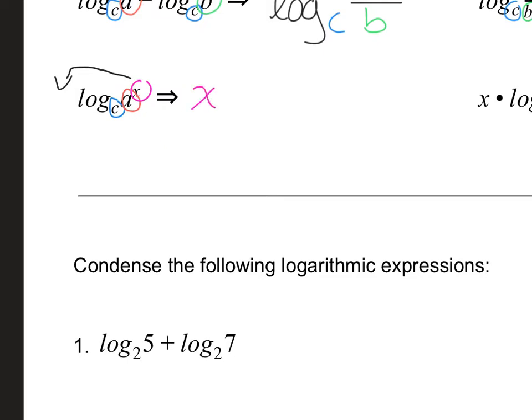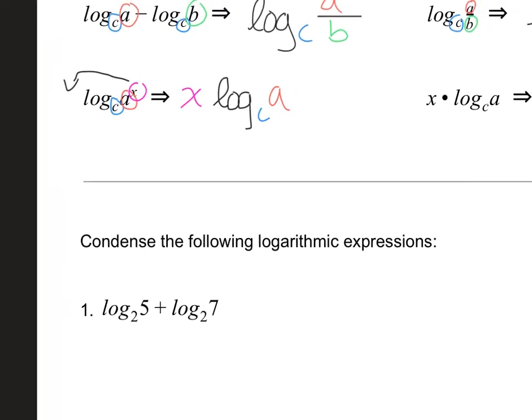So here's the x times log base c of a. The c and a aren't going to do anything, but I can take the exponent that a is being raised to and switch it out to the front. I can grab it and throw it out front, and that's going to help us look at things in a different way.